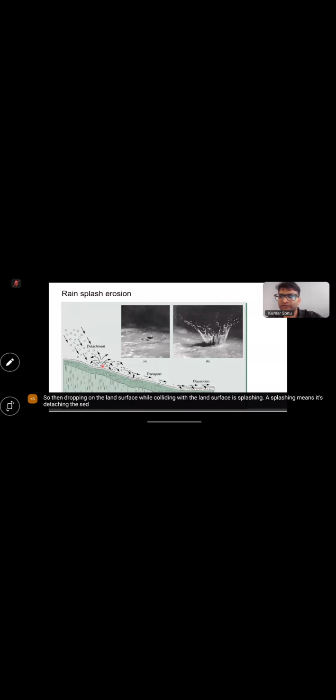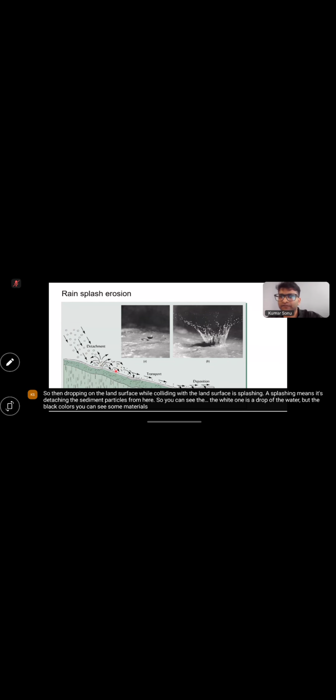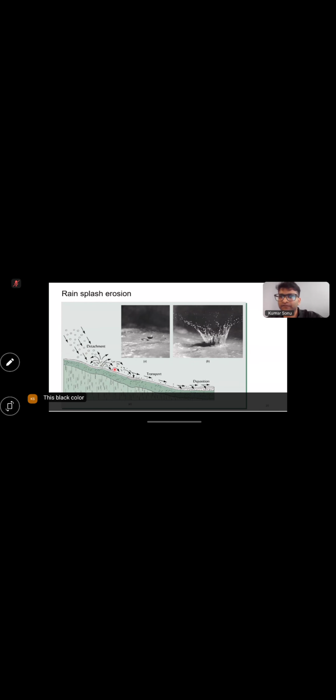You can see the white one is the drop of water, but the black color is the material along with the water. It is detaching from the surface, right? Then it starts moving to another place. This is transportation, which we will understand later.